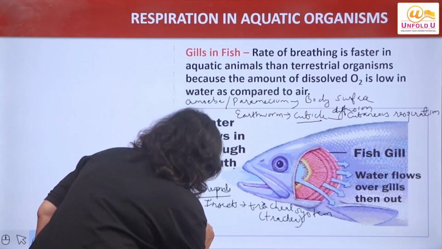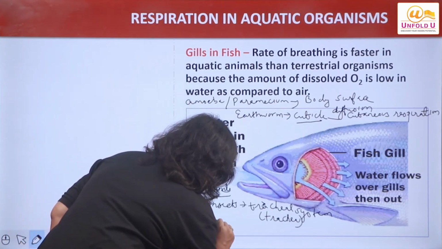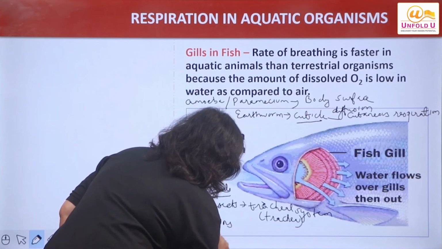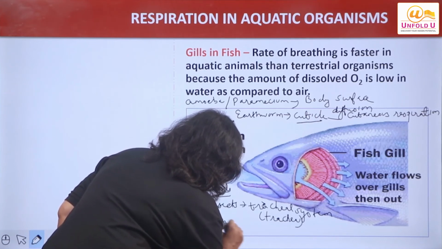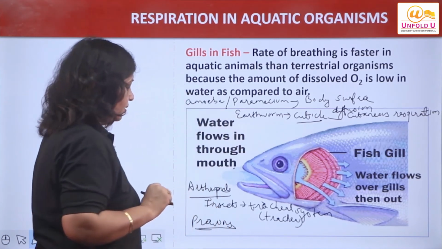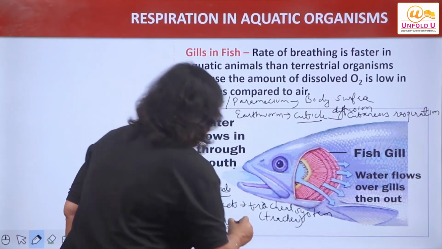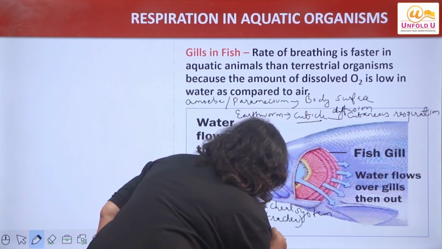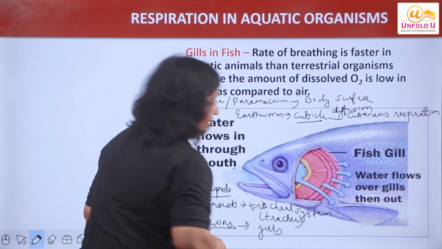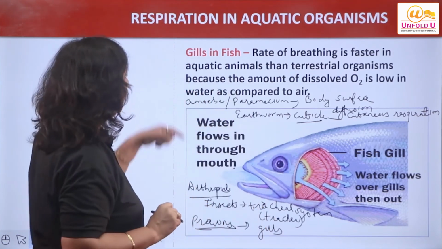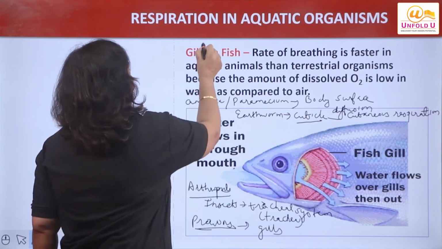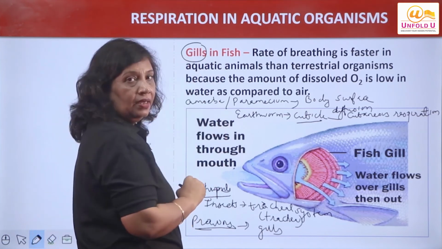So if I talk about prawns, which are crustaceans, that is aquatic arthropods, what is the structure which is helping in respiration? They are the gills. Similarly, in case of fishes, the respiration takes place through the gills.